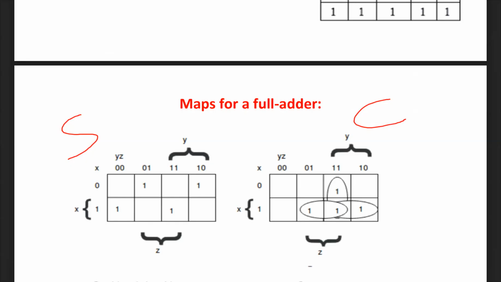So you have the truth table with you. From that, you enter the values. And then try to form the grouping.